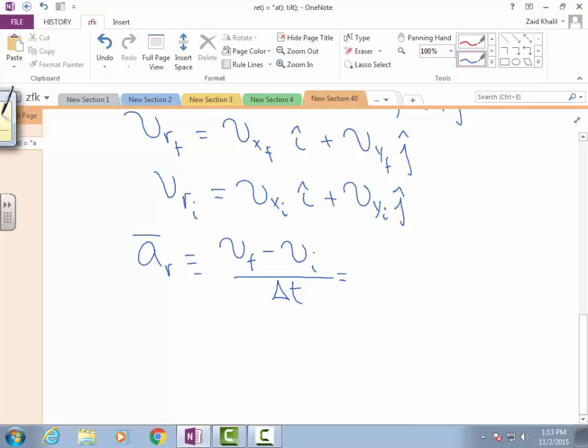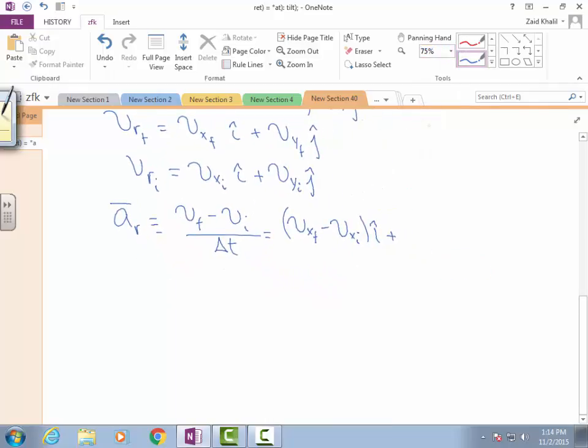That's going to be (VXF minus VXI) i hat plus (VYF minus VYI) j hat, all over delta T. That delta T distributes to each term.